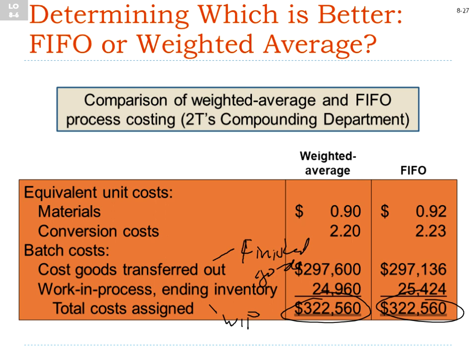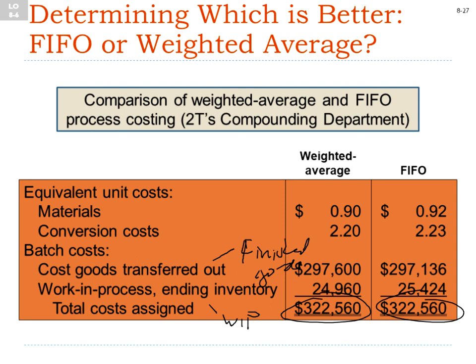So in this case, the numbers aren't that different. We're dealing with $297,000. One method results in roughly $500 more in cost of goods transferred out than under FIFO. So when you're dealing with small enough numbers, maybe the method does not make a big difference. But imagine if you're dealing with millions or billions of dollars, the method can make a huge difference.